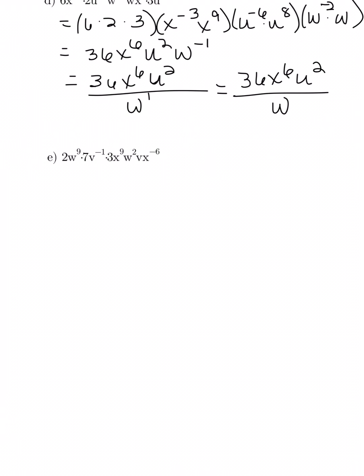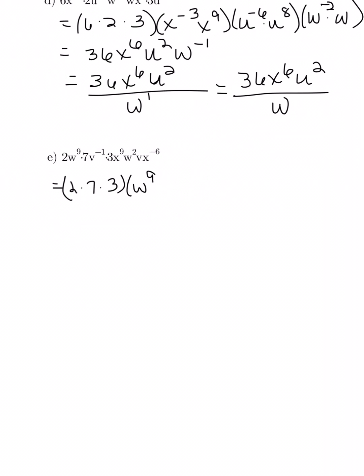Example E is very much like example D. I'm going to start by grouping the like items next to each other. So we're going to start with the numbers 2 times 7 times 3. The first letter that I run into is a W, so I'm going to find all the W's.